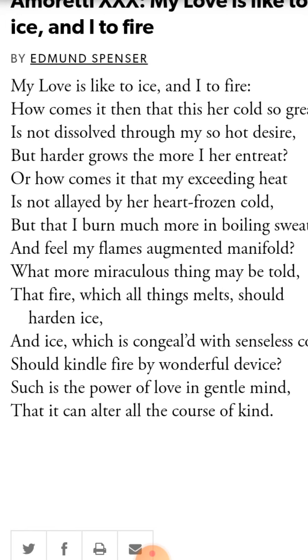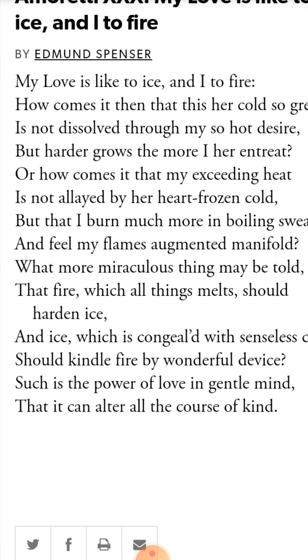What more miraculous thing may be told, that fire which all things melts, the fire which can melt all things like ice. But here a fire is doing different work.